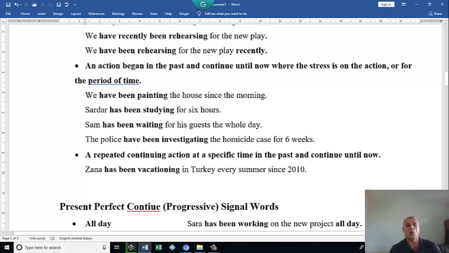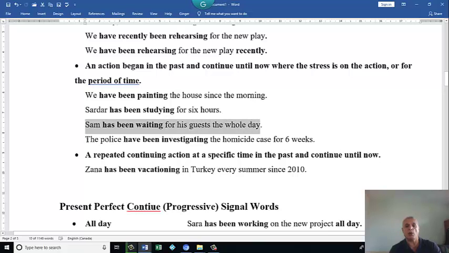For example, we have been painting the house since the morning. Or you could say, Sardar has been studying for 6 hours. Sam has been waiting for his guests the whole day.